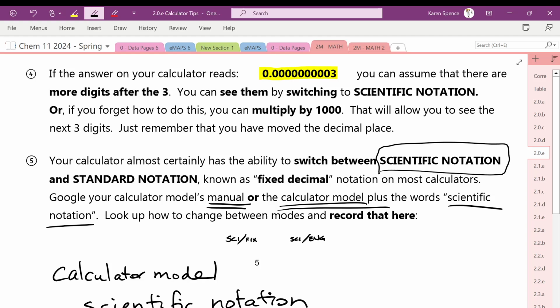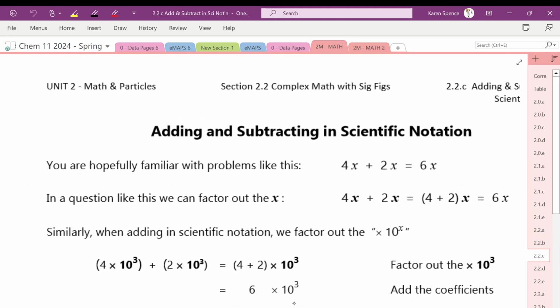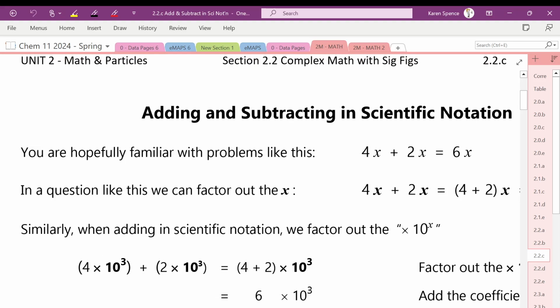All right, friends, we're going to learn something new in the last 10 minutes. Okay, so here we go. This is on page 35. So we're just going to get introduced to this today, and then you can finish it off next day.